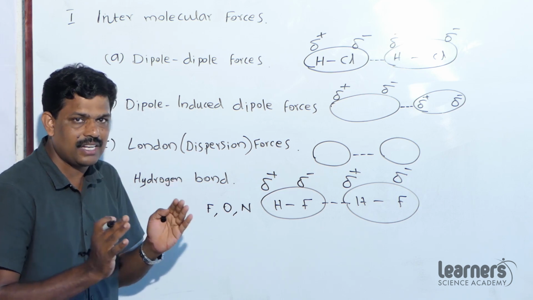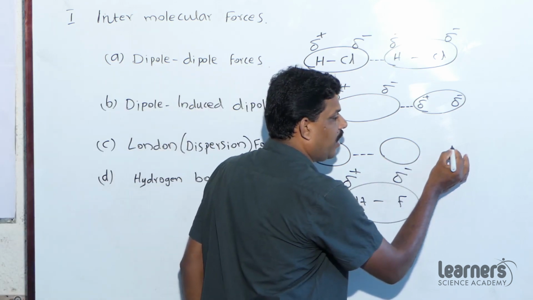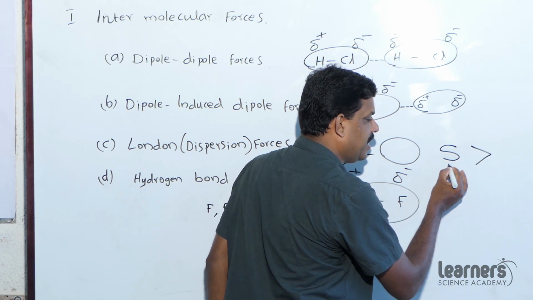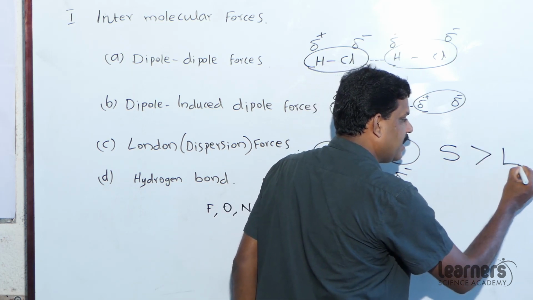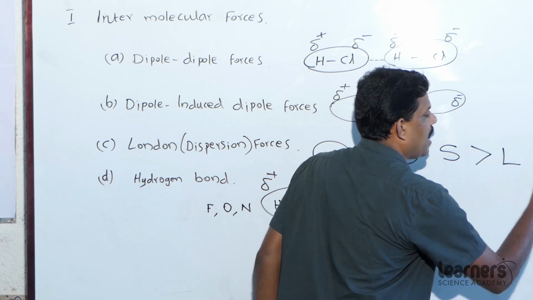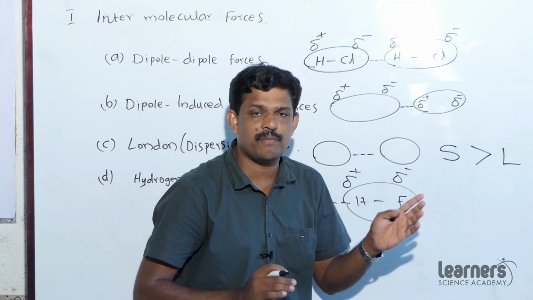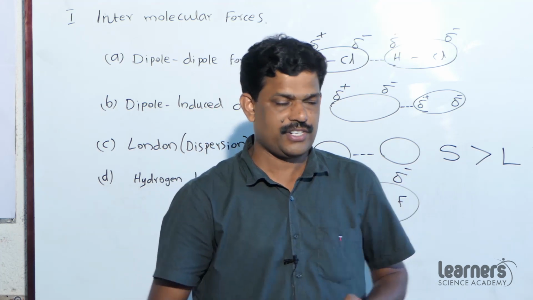When we go to the solid, liquid and gaseous states, intermolecular force of attraction is very high in solids, higher than in liquids, which is higher than in gases. This is the order of intermolecular force of attraction.